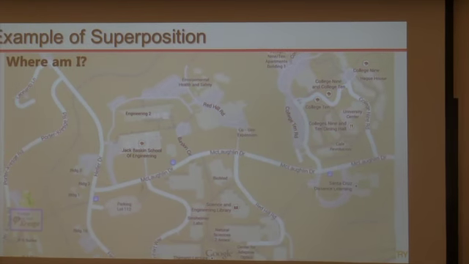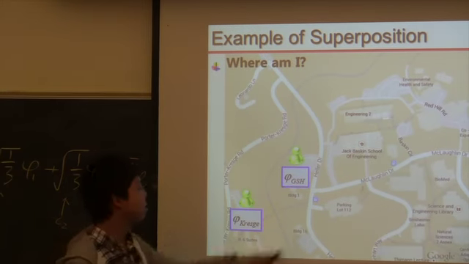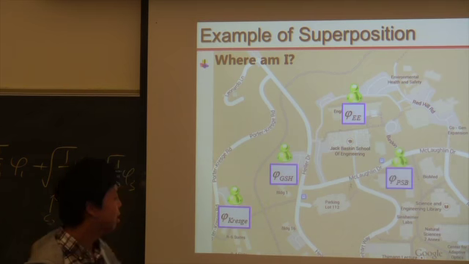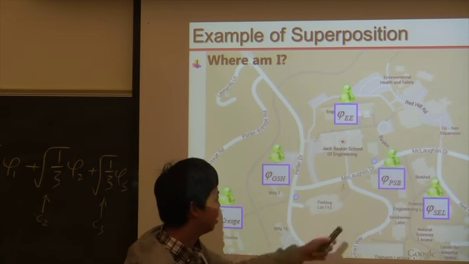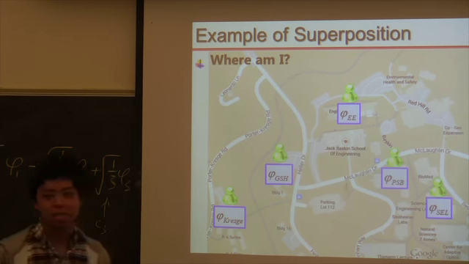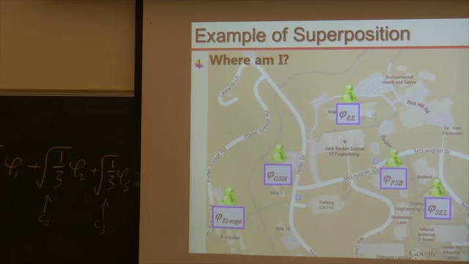Maybe I'm in Crown College, maybe in graduate student housing, maybe in the EE building, the physical science building, the science and engineering library, the health center, or in Social Science 1 here. We can just guess, right? They must be on campus.